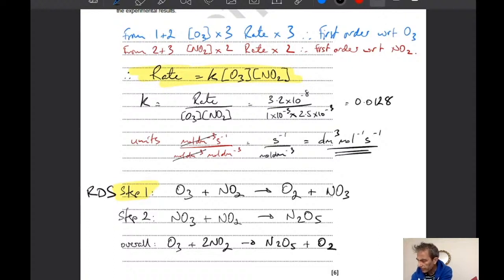We can show that when you add step 1 and step 2 together, the NO3s cancel out, and you get O3 plus those 2 NO2s makes O2 and N2O5. So that is consistent with the rate equation. Okay, so that's fine.